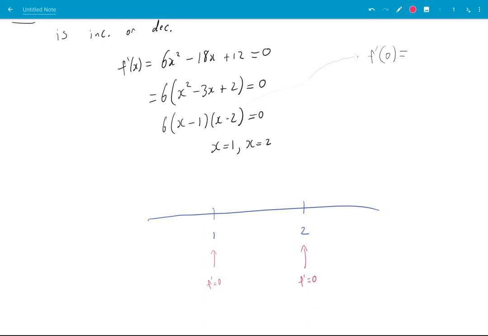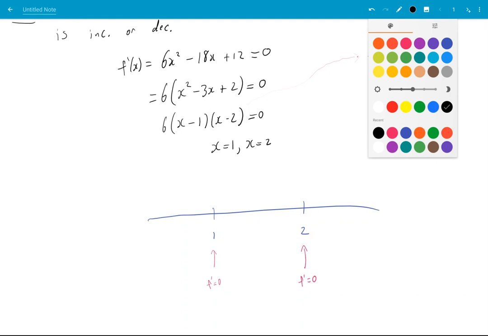Taking the factored form for f prime, plug in 0, what do you get? 6 times -1 times -2, which is 12, bigger than 0.